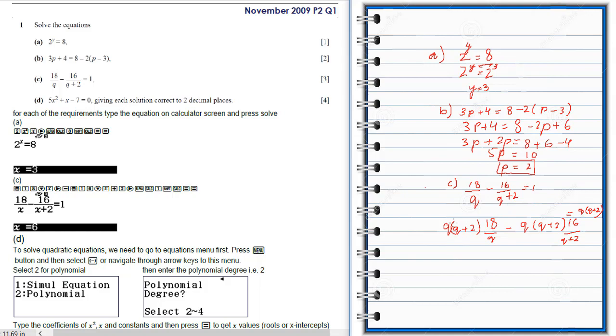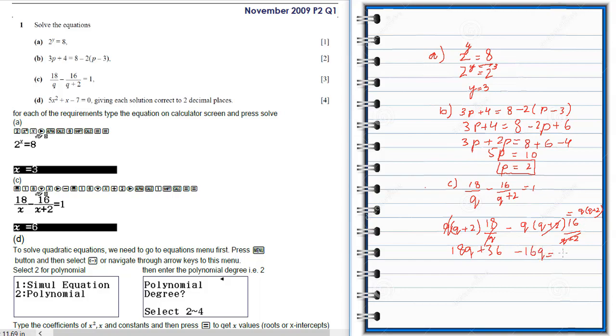So now q and q will cancel out each other, and we will have 18 times q plus 2, which is 18q plus 36. The q plus 2 and q plus 2 will cancel out each other, and here we will have minus 16q.